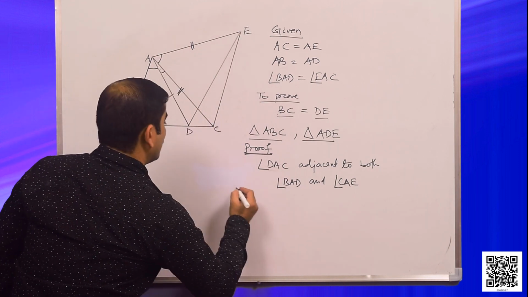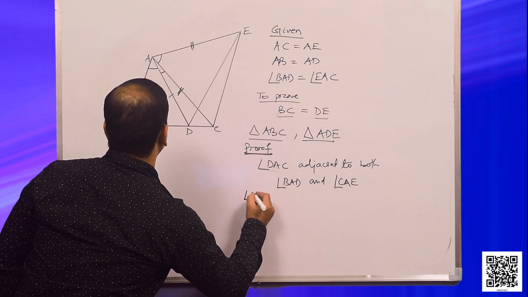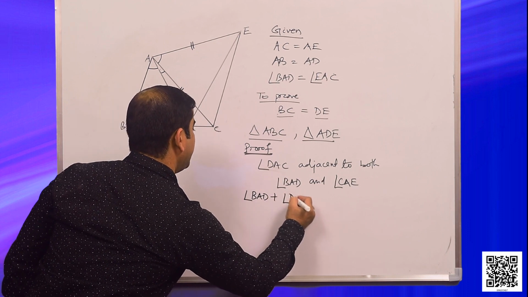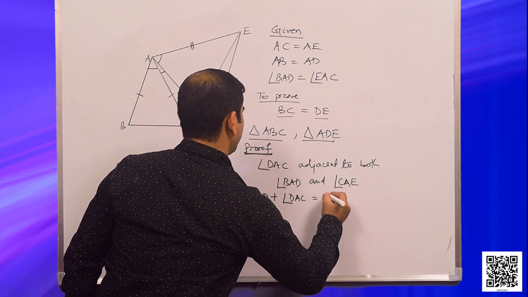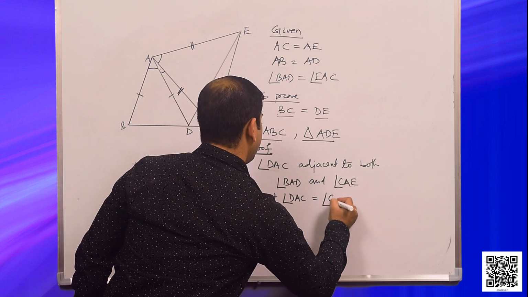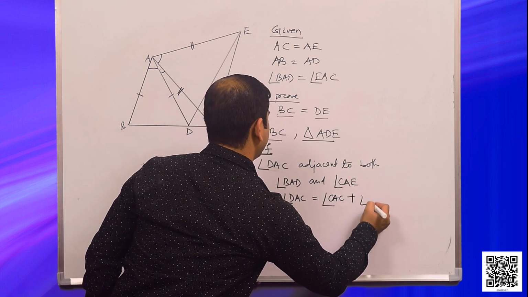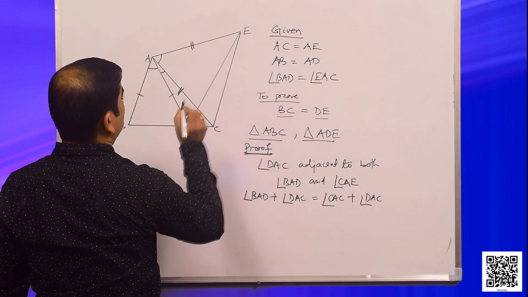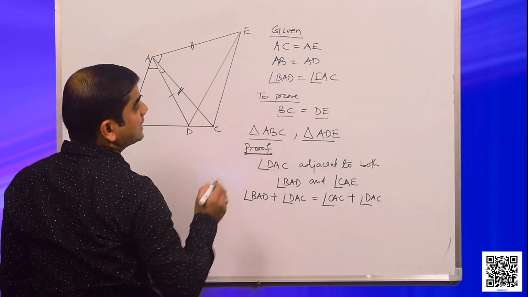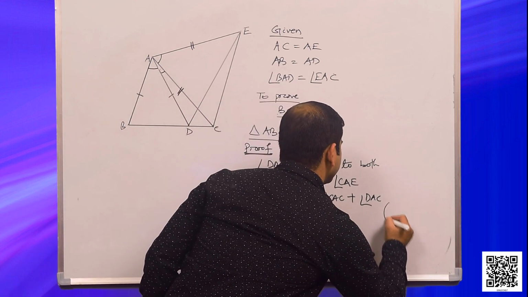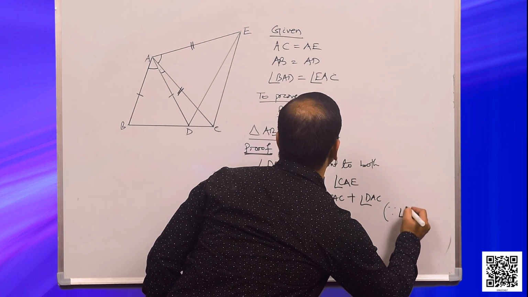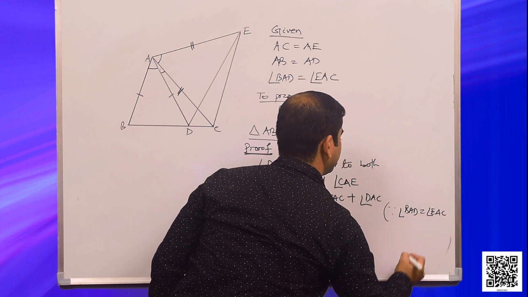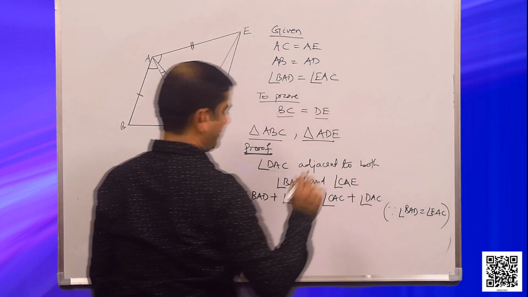So, angle BAD plus angle DAC is equal to angle EAC plus angle DAC. Why? Because angle BAD is equal to angle EAC, it is given.